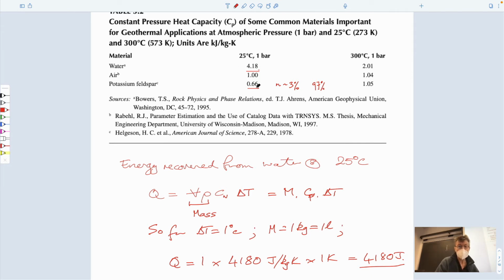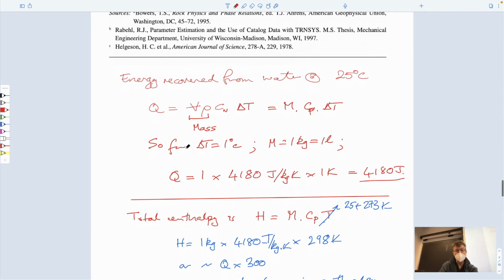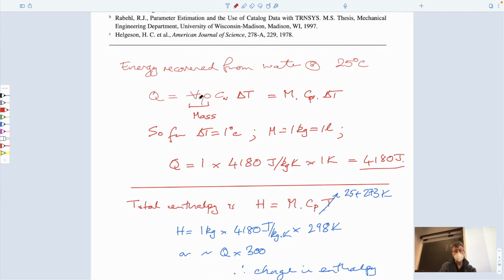So the heat that's stored in it is primarily rock. And we did the calculation using this expression: volume, density, specific heat capacity of the material you want, and the change in temperature you expect to get. In rock, you would use the specific heat capacity of the rock.